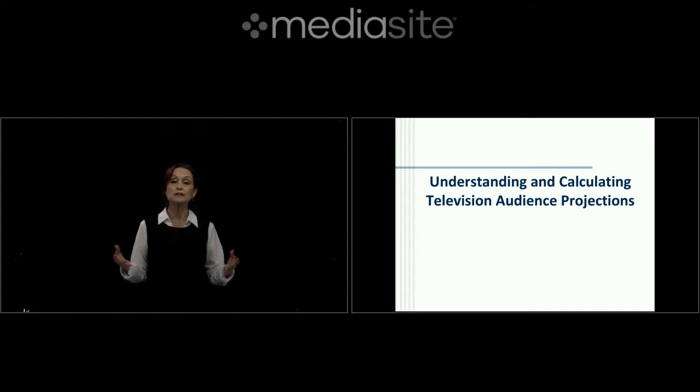Rating projections, the formula is share divided by 100 multiplied times the HUDs or the PUDs. Sweeps are the specific times during the year that the Nielsen company conducts and collects audience measurement data.